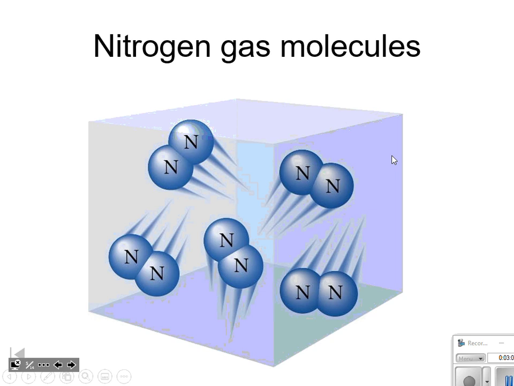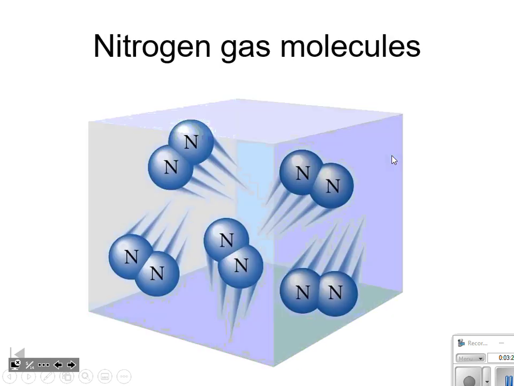Molecules are covalently bonded. So when I'm looking at this, I will not find nitrogen as a single atom. I will find nitrogen as a diatomic molecule.